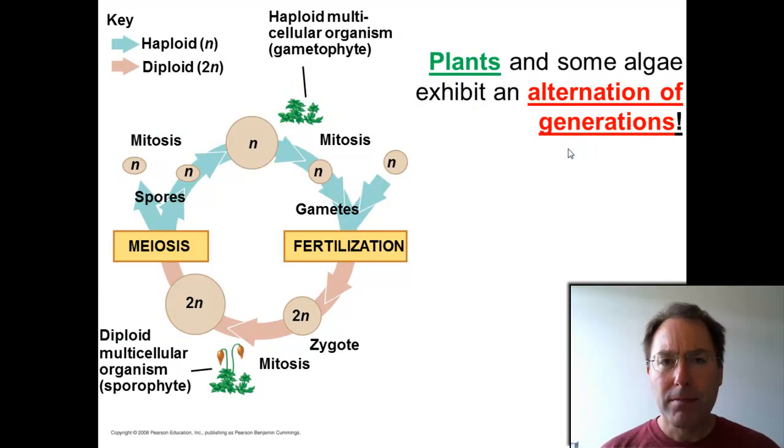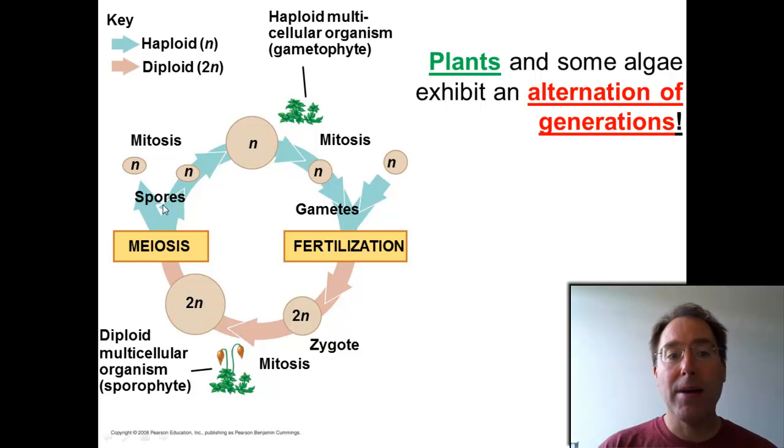Here's the translation that we're trying to make: plants also have alternation of generations, but you can see here that they have more time relative to humans or higher organisms that are multicellular eukaryotes.